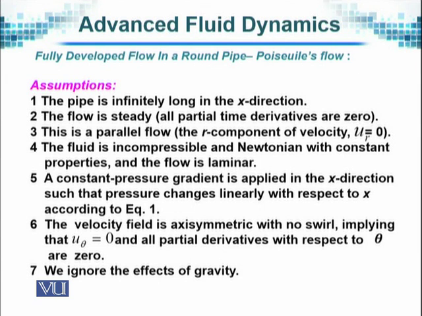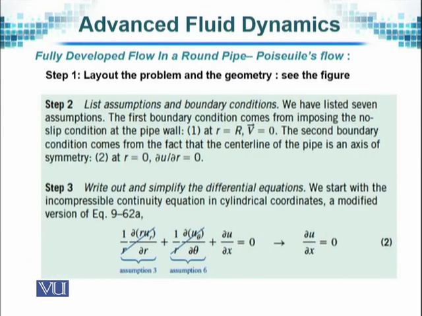Constant pressure gradient, we have mentioned this already. The velocity field is axisymmetric, so there is no velocity with respect to theta, and therefore u theta is zero, and so will be all partial derivatives with respect to theta. And we ignore the effect of gravity, as given in the problem.